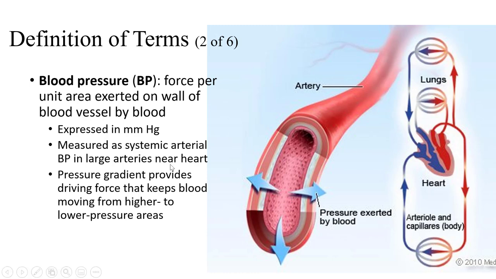Now, it's measured as a systemic arterial blood pressure in the large arteries near the heart. And so when you say that your blood pressure is 120 over 80, you're referring to the top number as the systolic pressure and the bottom number to be the diastolic pressure.